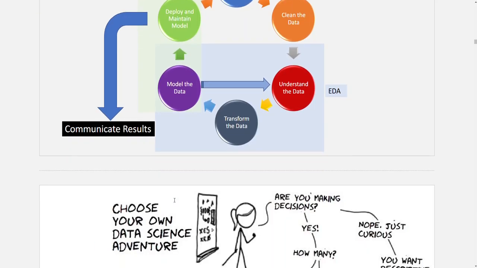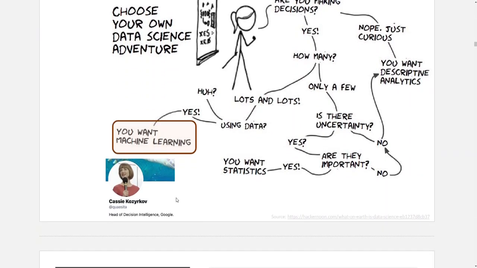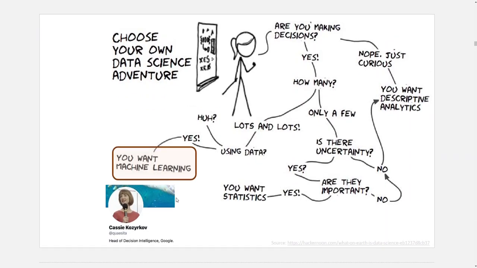Okay. So, I've got a video that I provided of Cassie Kozyrkov, and she's the head of decision intelligence at Google. Now, when we look at what our individual data science adventure is going to be, are you making decisions?